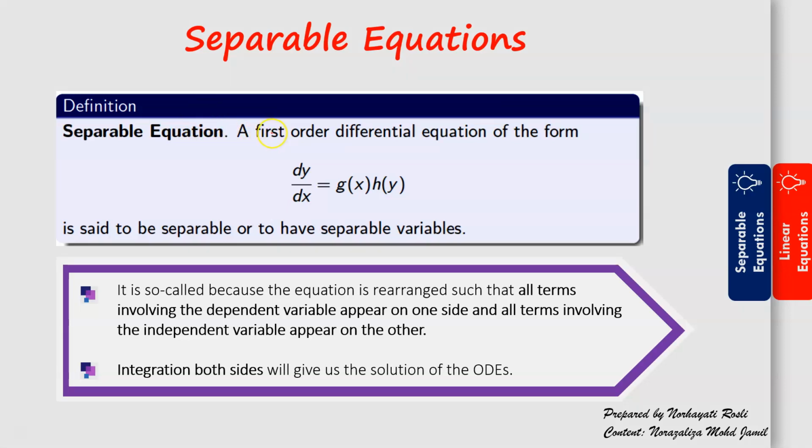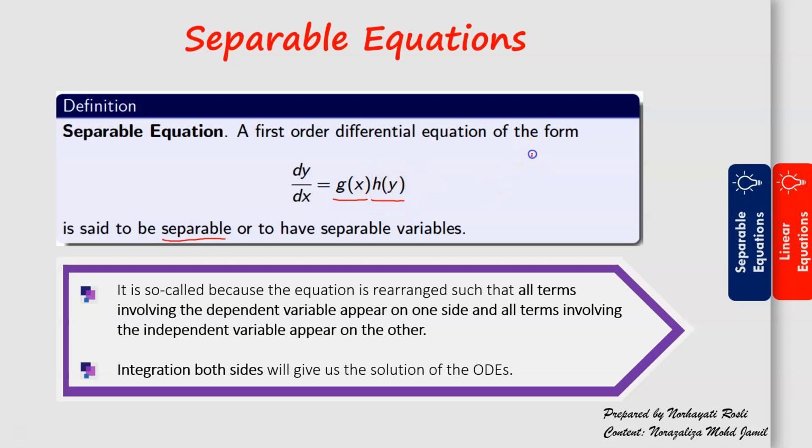If we have a first order differential equation, we can say that it is separable if we can write that differential equation in terms of dy/dx = g(x)h(y). This means that you can separate these terms: the independent variable you can write as one function multiplied with another function of the dependent variable.